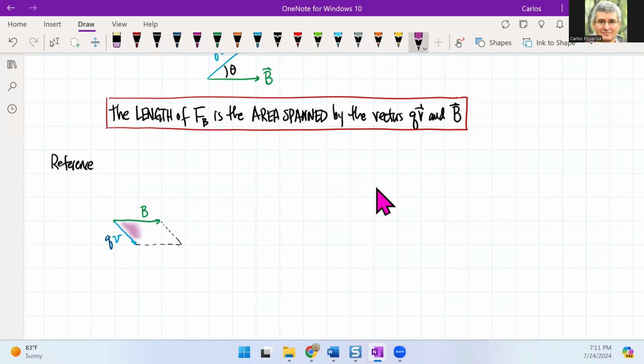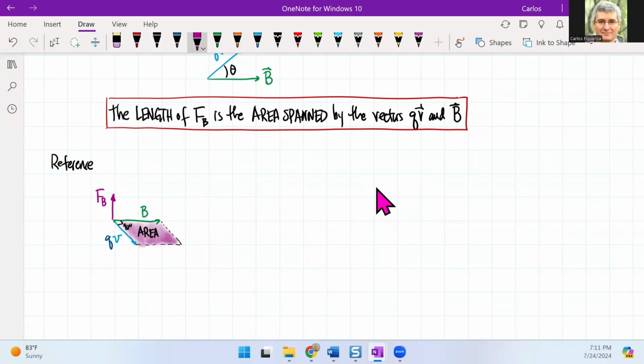That spans a space, and this is the area spanned by these two vectors. So this area is the area of the cross product, and that length is related to that area.